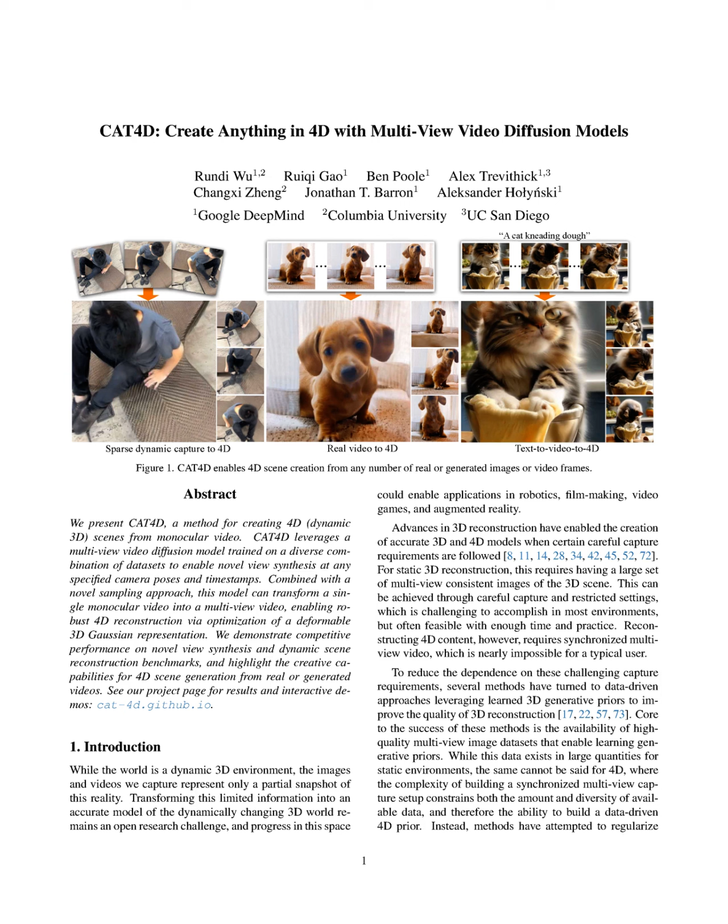For performance assessment, qualitative and quantitative comparisons are made against existing methods such as 4DiM, CAT3D, Shape of Motion, and MoSca, with metrics including reconstruction quality and the ability to control camera and scene dynamics separately.